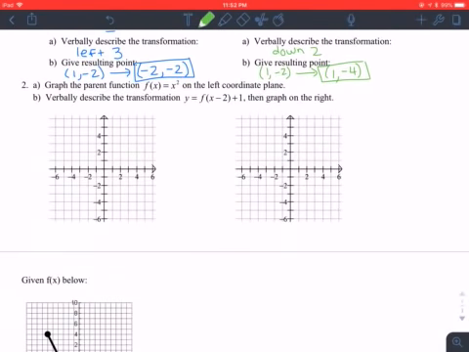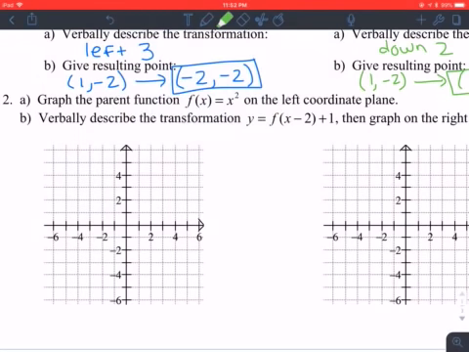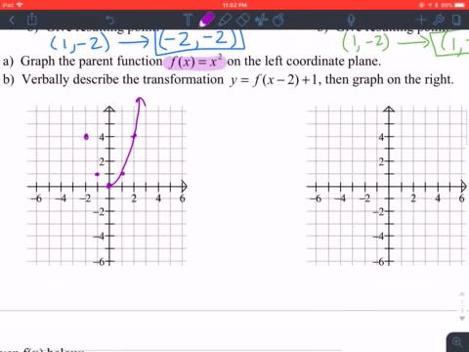Let's see what this looks like on a graph. So we're going to graph the function f of x equals x squared. That's our quadratic parent function. And we see we have a parabola starting at the origin.